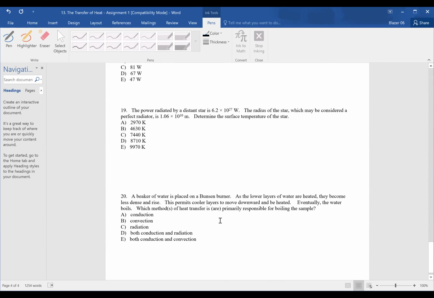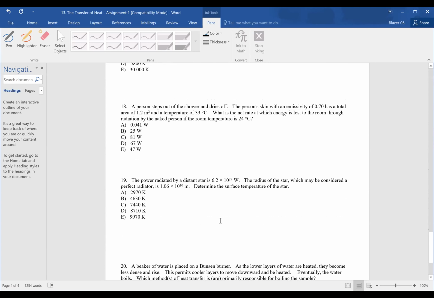Then again is one of your thought questions. So let's choose one of these and let's work it. Let's look at number 19. The equation we just used earlier, that's the equation for the thermal conductivity through a material. Now we're going to do one where the object is radiated from a perfect or some kind of emitter.